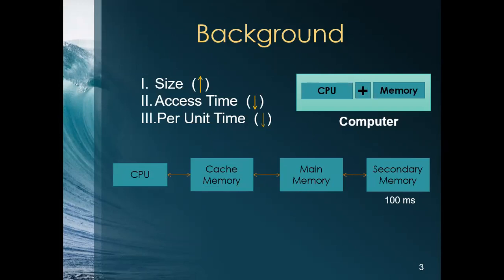If you want to buy a memory that is larger in size, the cost will be less, but the access time will increase. Smaller memories like cache memory are small in size but expensive. The cost per unit is much higher, but their access time is also very fast.